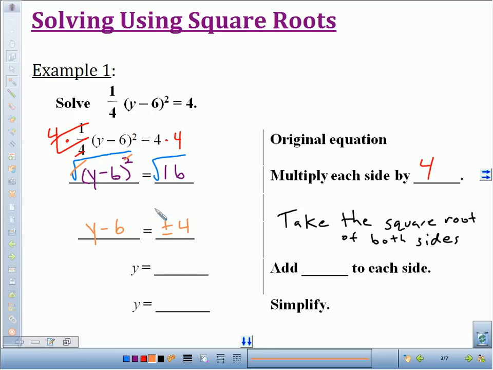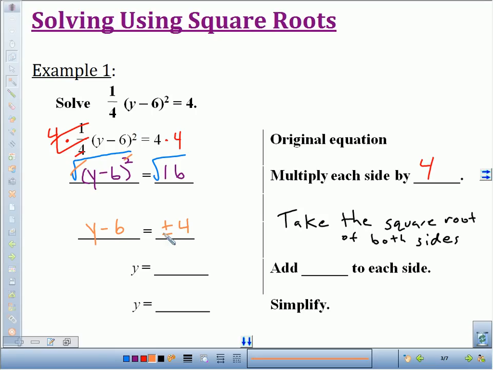Now this is the symbol that's new. Positive or negative 4. You notice I have a plus sign and a negative sign sitting right on top of each other. That indicates that I either have positive 4 or negative 4. Either one.